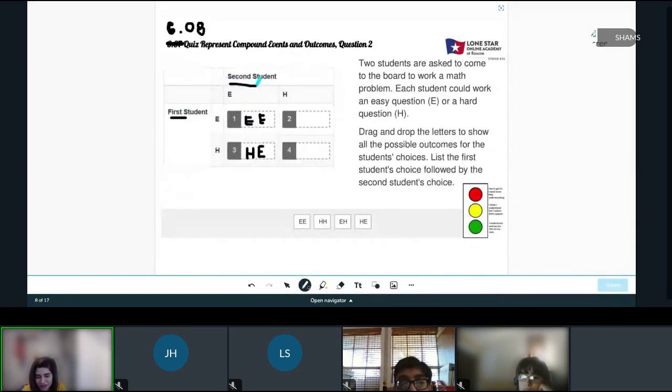The second student is going to be the second letter. Then go to box 2. Student 1, E. Student 2, go up, H. Fourth box, go left. Student 1 is H. Student 2 is also H.